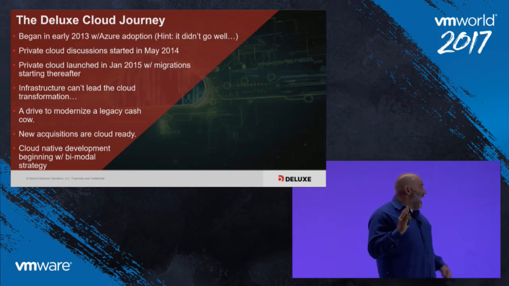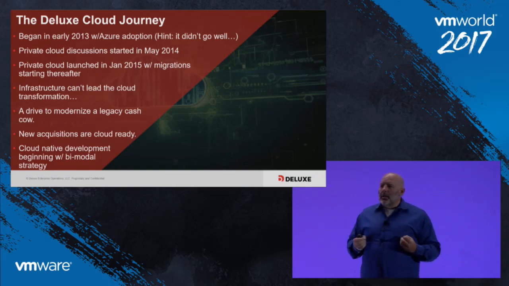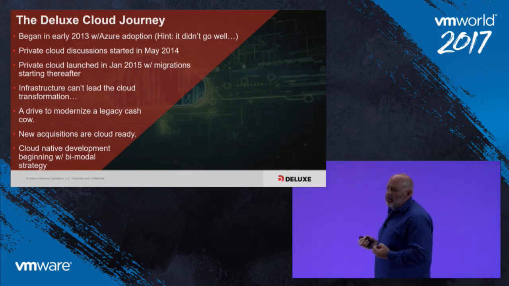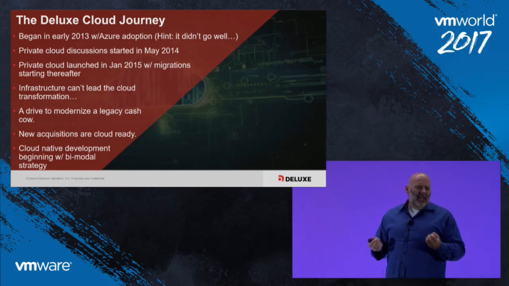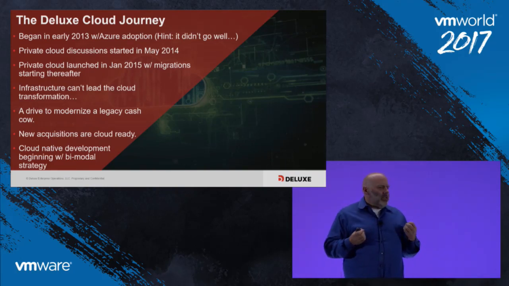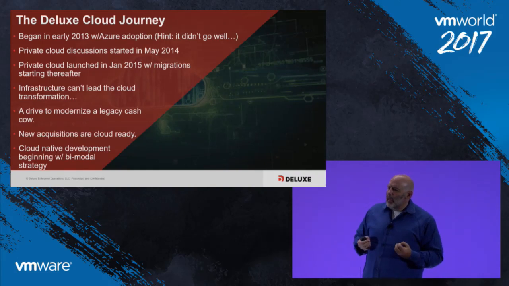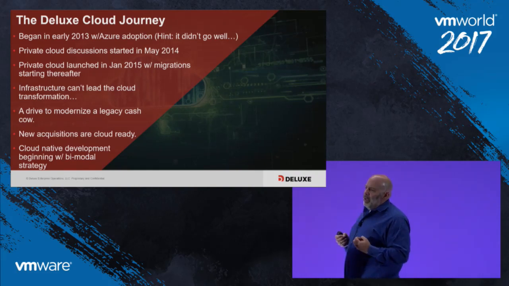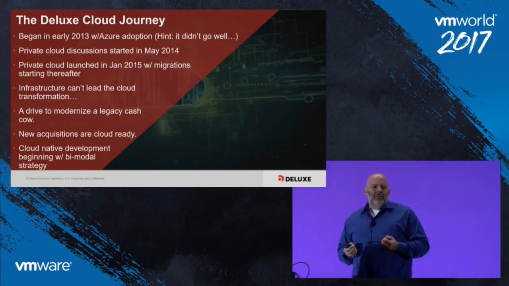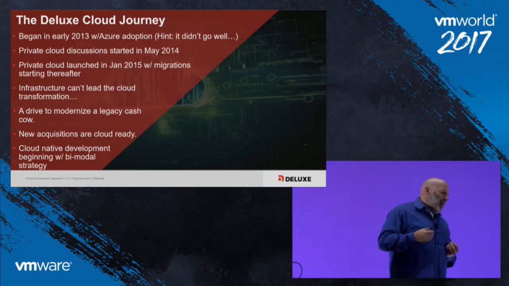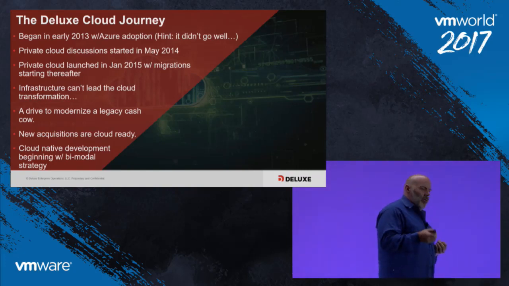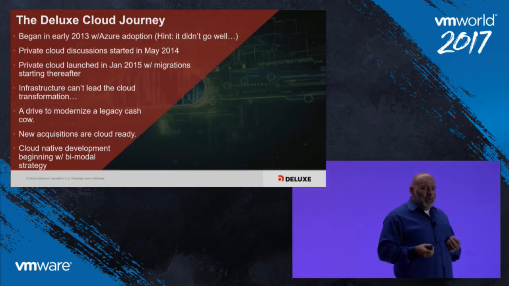But out of that came some good thinking, because people started to think about cloud, like, okay, what should we be doing? In the spring of 2014, we started to really think, okay, we're not going to take the current workloads that we have and put them directly in a public cloud.